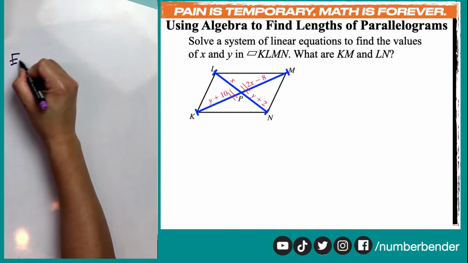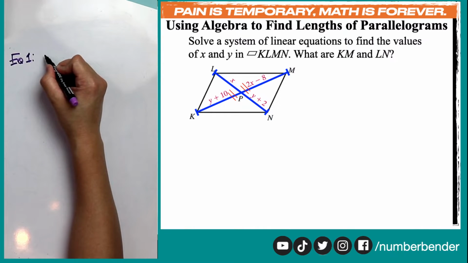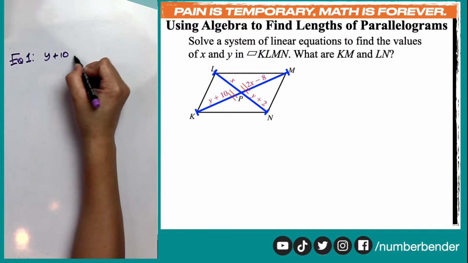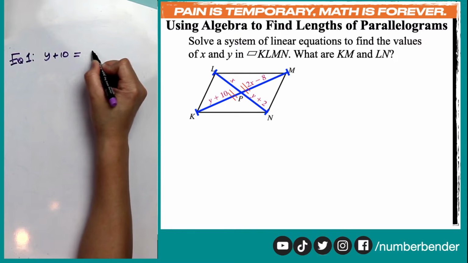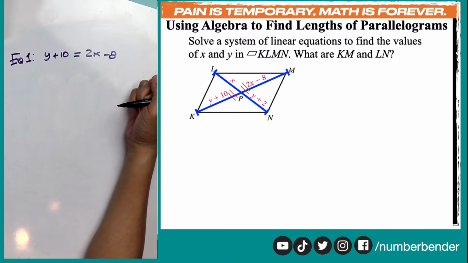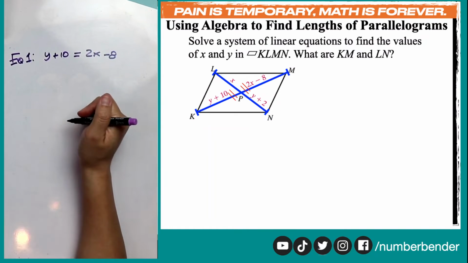So our first equation would be for line segment KM, which gives us y plus 10 is equal to 2x minus 8, because we know that those parts of the measurement of KM are congruent.